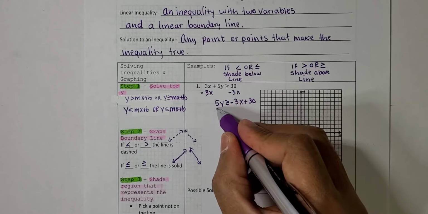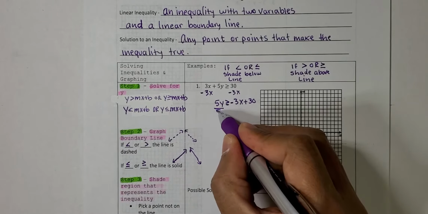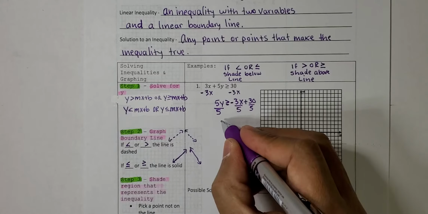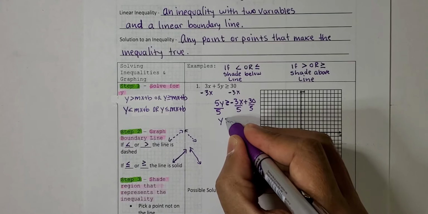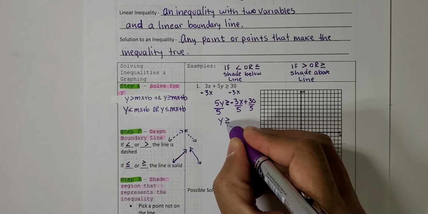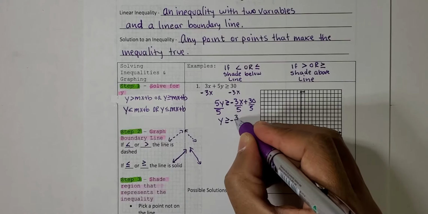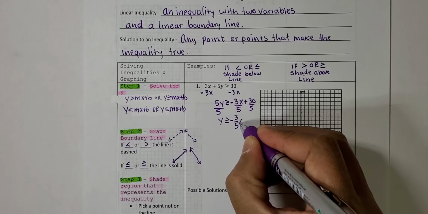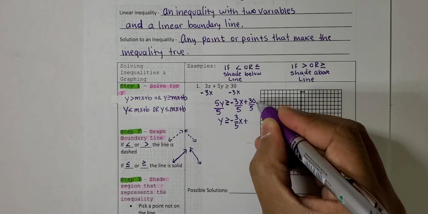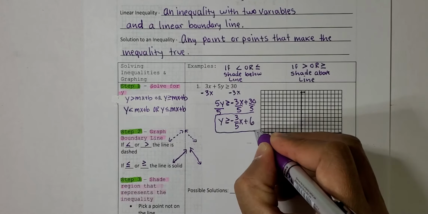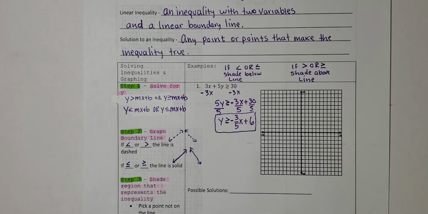Next I'm going to divide by 5, and I'm going to do it to all 3 terms. In the end, I have y is greater than or equal to negative 3 over 5x, and this 3 over 5 is going to be the slope, plus 30 divided by 5, which is 6. So this is the inequality that I'm going to graph.